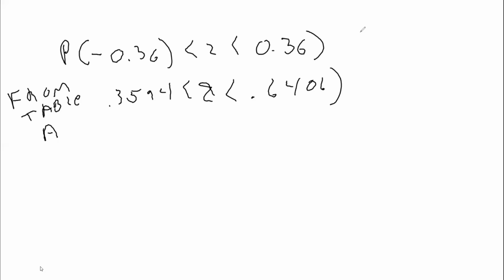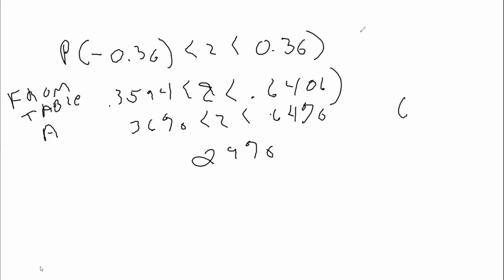This means 36% less than Z less than 64%. When we subtract these two, 64% minus 36%, we get 29% probability.